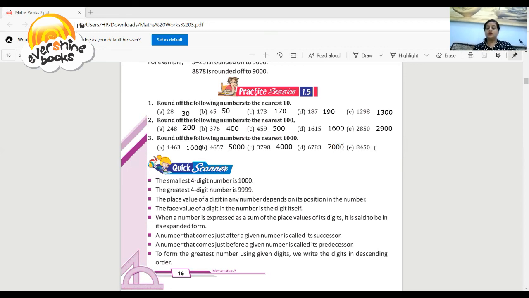Next is 8454. 4 is smaller, so 8 is going to be the same and the answer will be 8000. That's it. We have done rounding off numbers also.